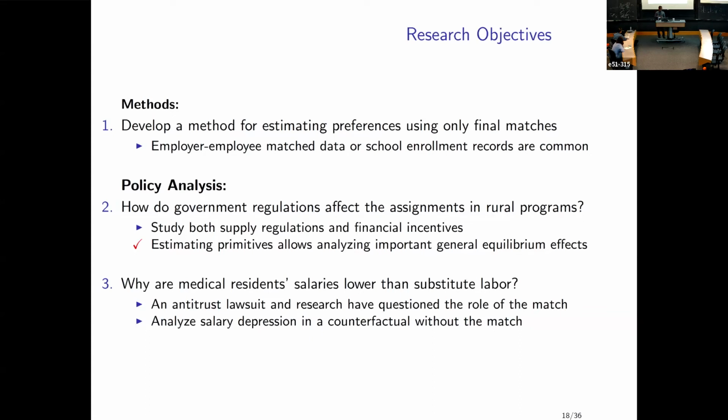I for one did not take the highest stipend offer, because the PhD program was an investment in my future earnings and the training that it is going to give me. Similarly, residents care about the training that they're going to get, and they care much more about that than the salary necessarily. So there's going to be some limitation to how much salary bargaining is going to get salaries up to the levels that Catherine was mentioning.